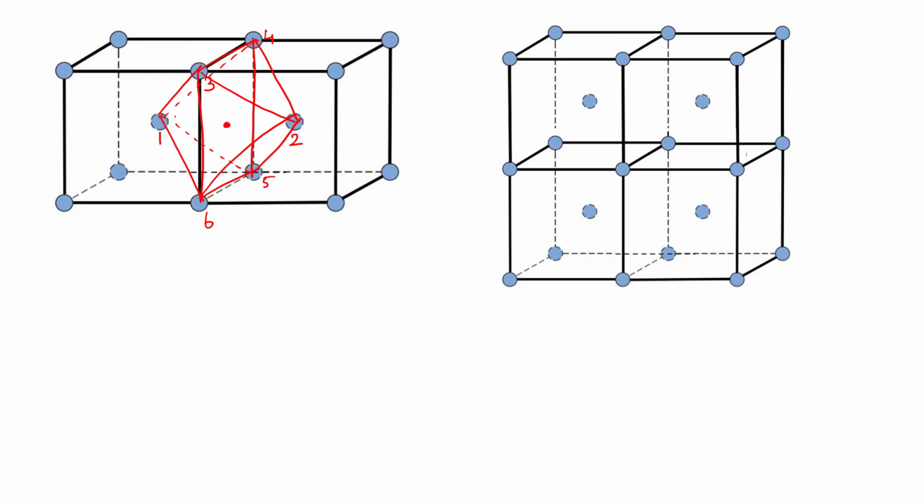Also, an octahedron can be drawn by considering 4 body-centered atoms, 1, 2, 3, 4 and 2 other atoms adjacent to them.